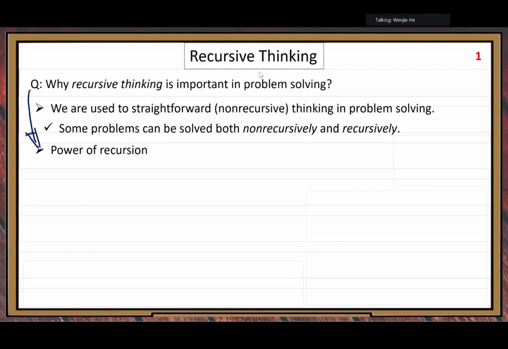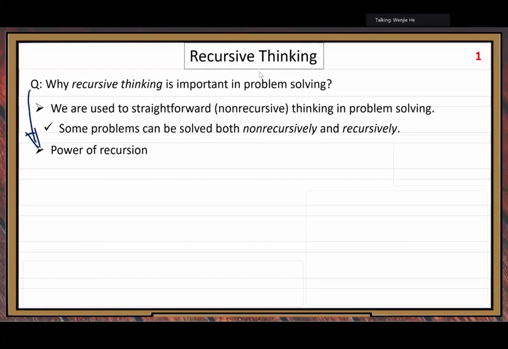That means for some of the relatively hard computing problems, if you do not use a recursive algorithm, it could be extremely hard. Most people cannot solve some of the relatively hard computing problems without using recursion.